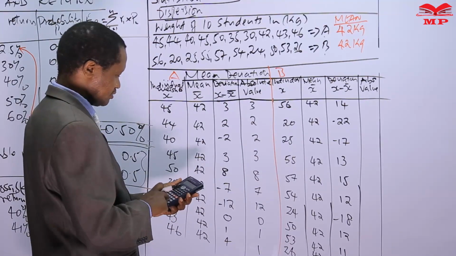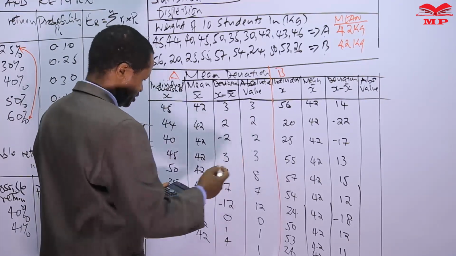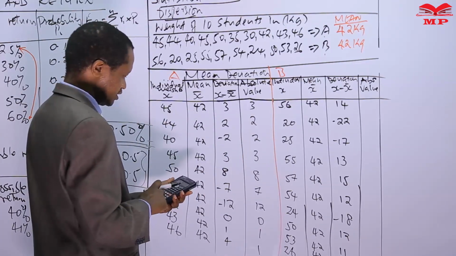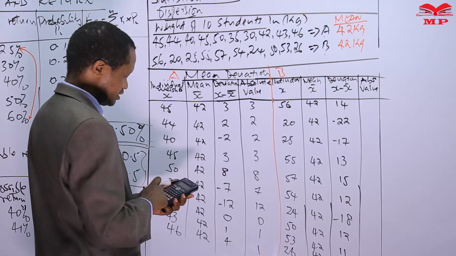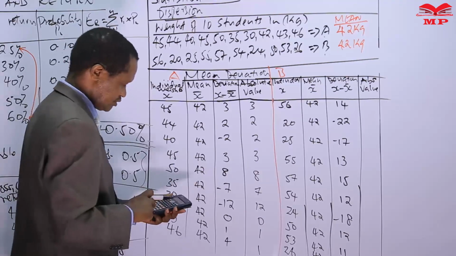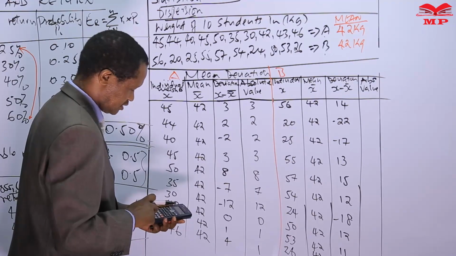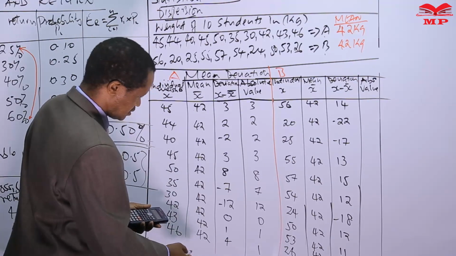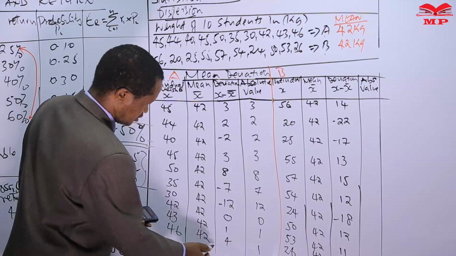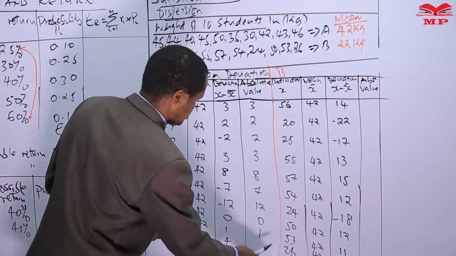We take 3 plus 2 plus 2 plus 3 plus 3 plus 8 plus 7 plus 12 plus 0 plus 1 plus, this is supposed to be 4.